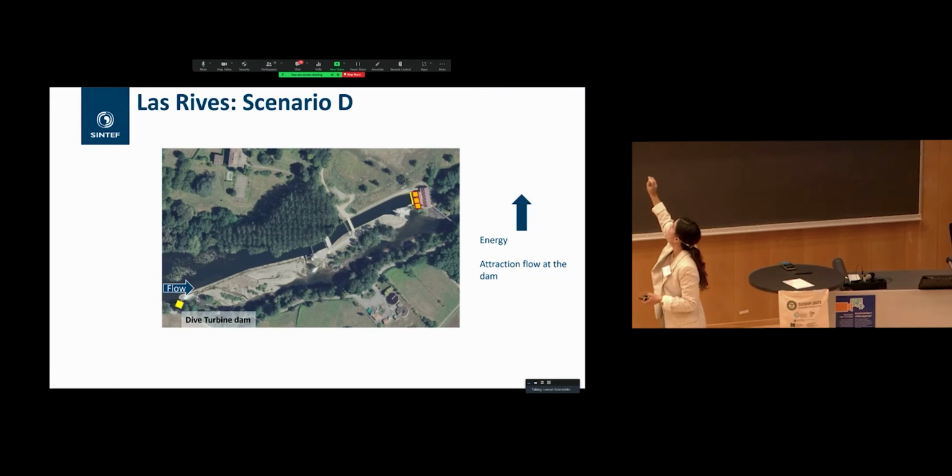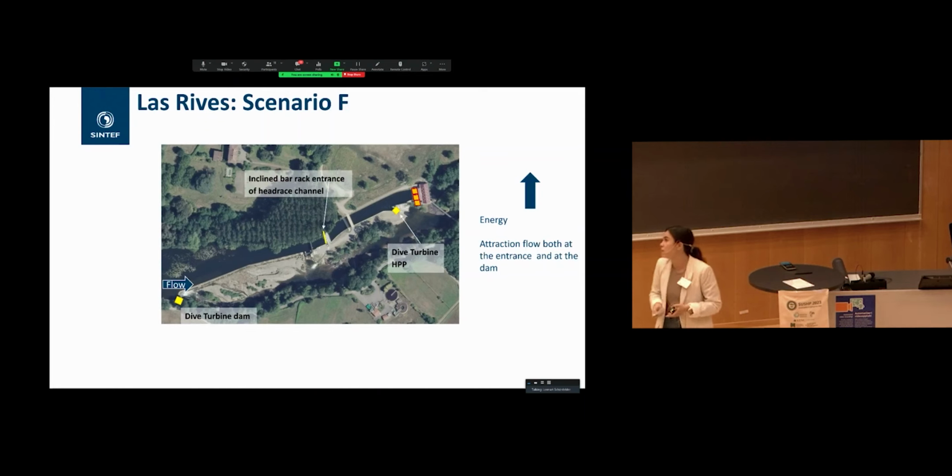So there will also be more energy coming from the attraction flow that will be used in the bypass. There was also another scenario where they implement a new trash rack that was moved a bit forward. In addition, they also have another dive turbine to increase the attractiveness at the beginning of this bypass section and at the fish pass.